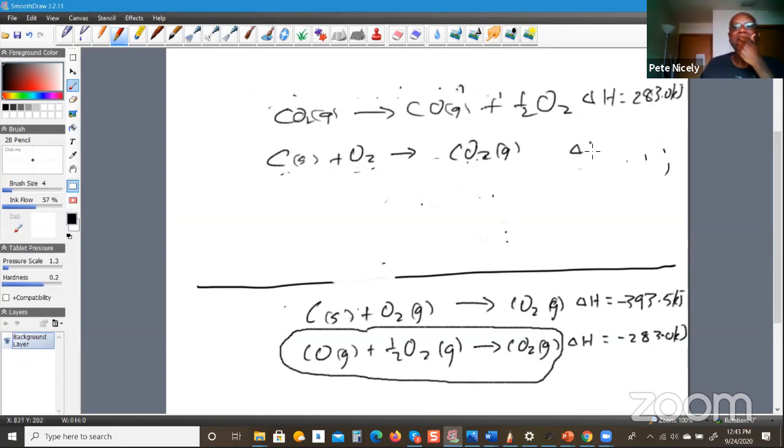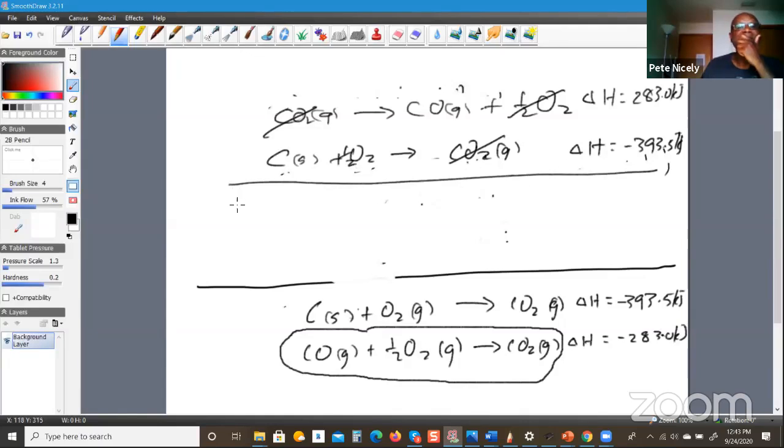And delta H for that would still be equal to minus 393.5 kilojoules. Now, if you add these two equations together, right, the carbon dioxide will cancel out, and this half oxygen will cancel out half of the oxygen here, leaving behind half, right? So your resulting equation will be C solid plus half O2 gas to give CO gas.